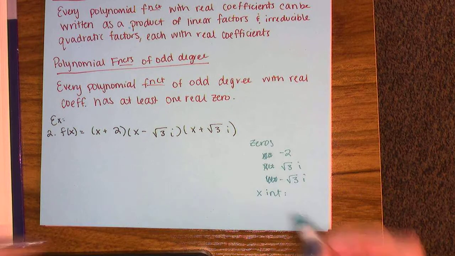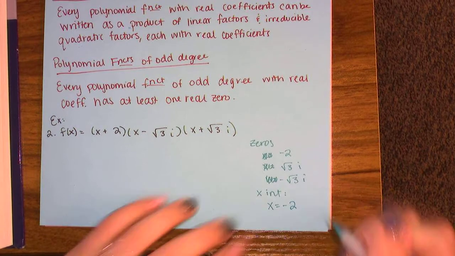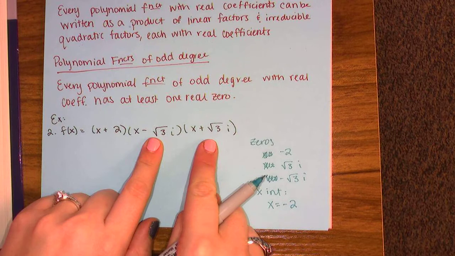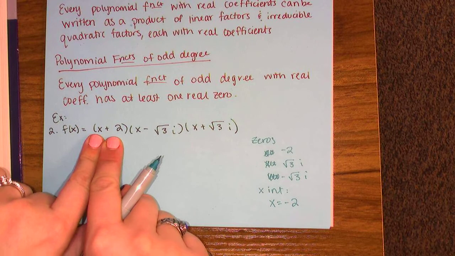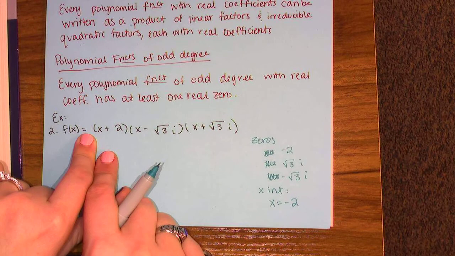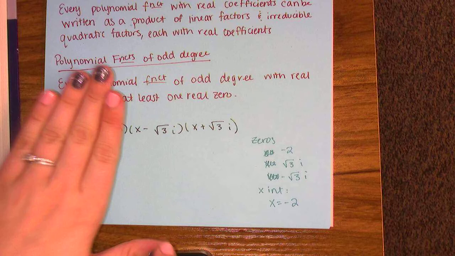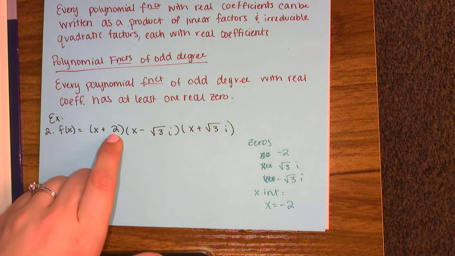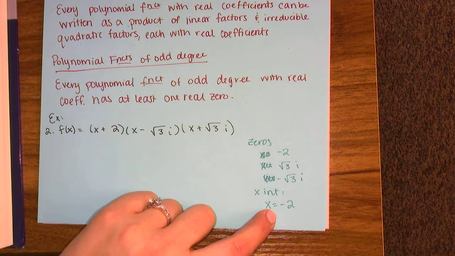X equals -2. Yes, exactly. These are not real. So the only x-intercept we have is this one. If there was also an x out front here, what would the other one be? 0. Okay, x equals 0. If I didn't have this, would I have any x-intercepts? No. Okay, so only the real terms can give you intercepts.